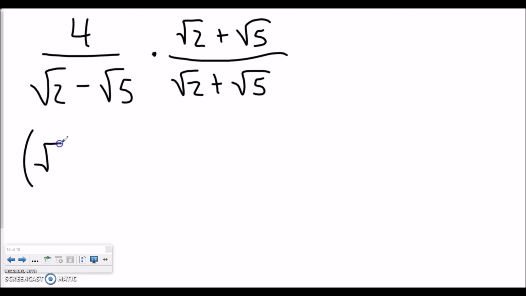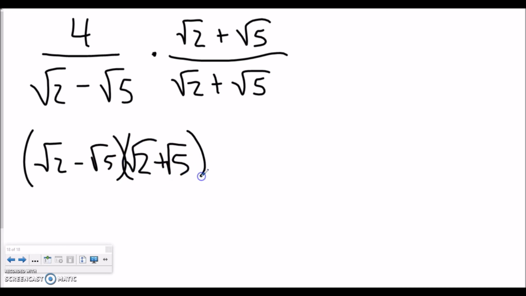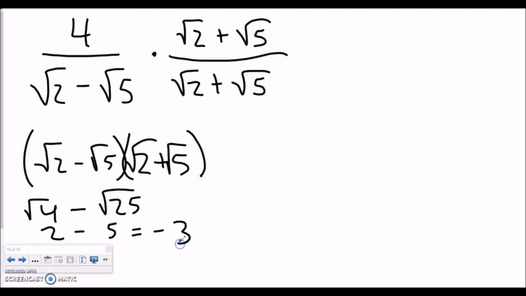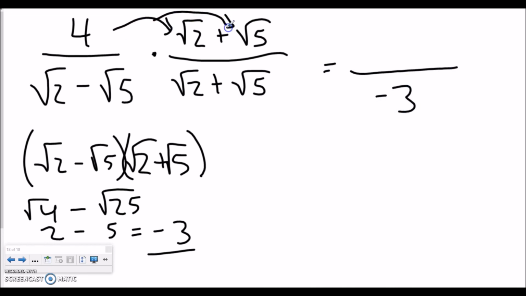Because what happens when I FOIL the denominator? My first becomes square root of 4. Outers and inners will cancel, and my last becomes square root of 25. That's 2 minus 5, or negative 3. And what have we been doing in the numerator? Making sure we distribute: 4 square roots of 2 plus 4 square roots of 5.